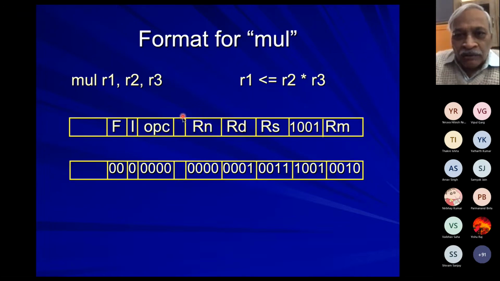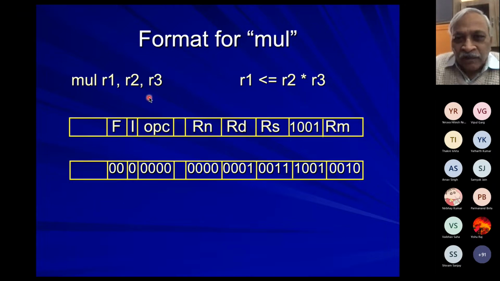So now what is this fourth register doing here? RD is the destination. Here I've put the actual value. We wanted R1 as the destination, so 0001, that's the destination register. RM is the first operand, which is R2 in this case, and this is 0010.